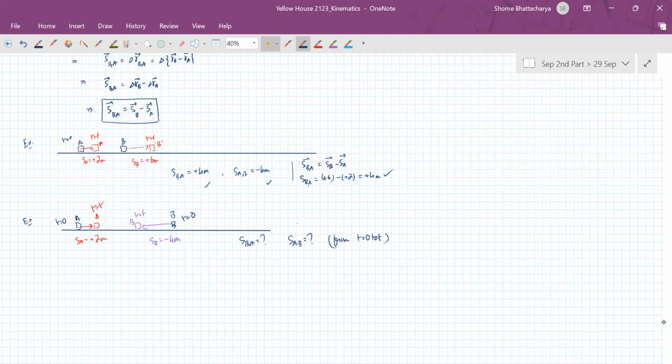So in this case, you will see that the displacement of B with respect to A will be minus 6 meters. Because this will be displacement of B minus displacement of A, which is minus 4 minus of plus 2. So that's how this will become minus 6. Whereas displacement of A with respect to B will be plus 6.